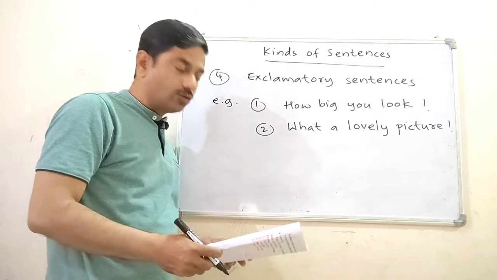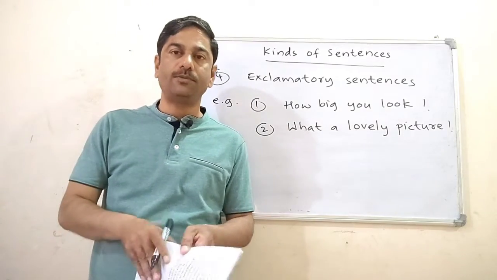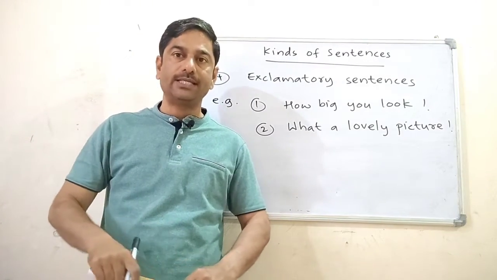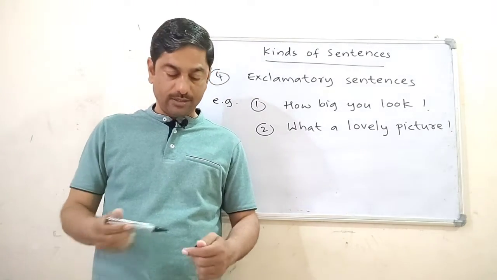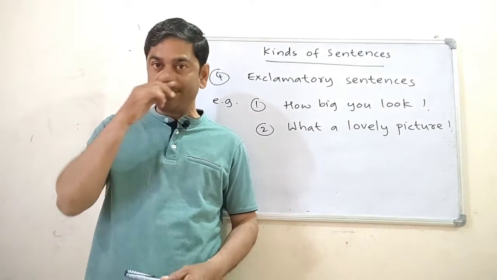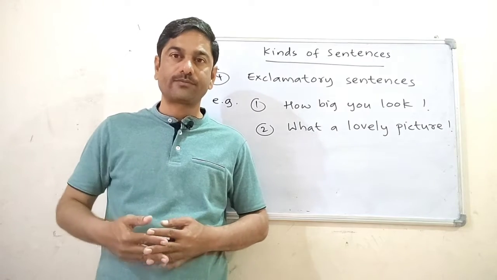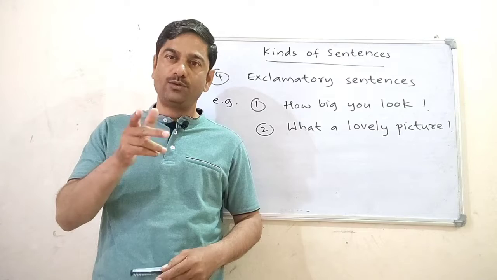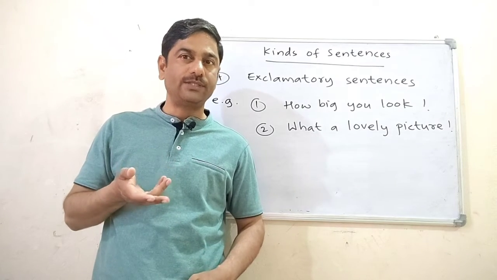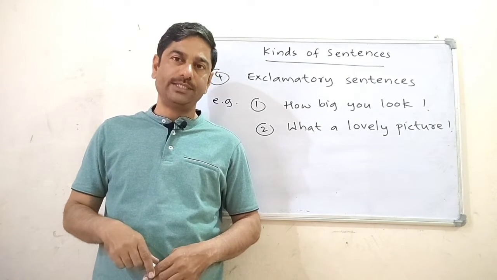So today we studied 4 kinds of sentences. Declarative sentences express statements, and there is a full stop at the end of declarative sentences. There are 2 types of declarative sentences, affirmative sentences and negative sentences.